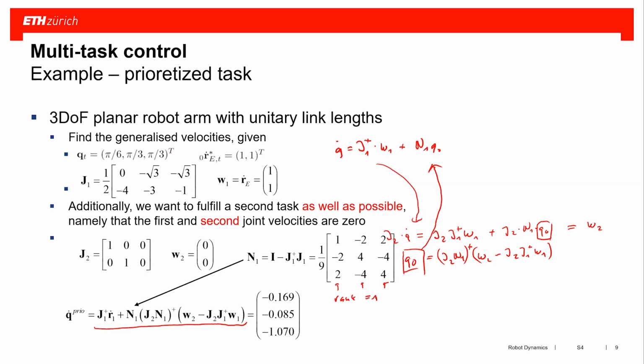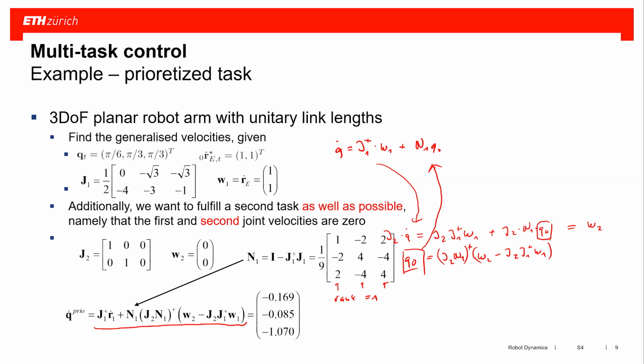So that means we have a direction which is a linear combination of my Q dots on which I can modify the solution. I can modify my Q dots without actually modifying my W or my J times Q dot. And this is nothing else than what we have given through the dimensionality of the problem.